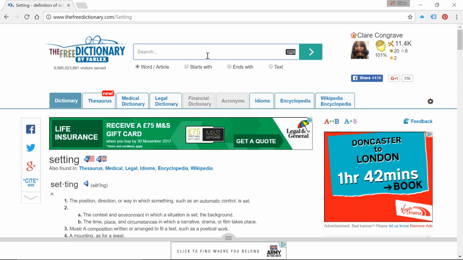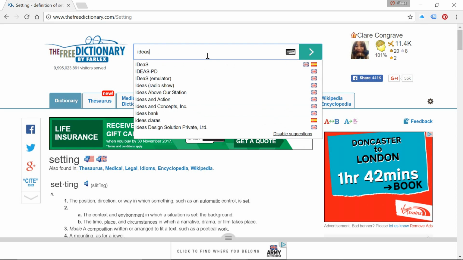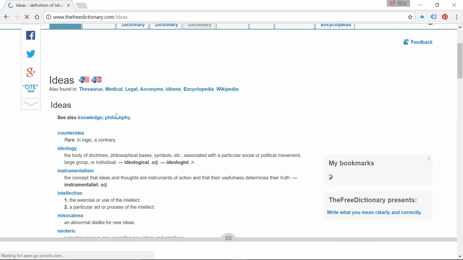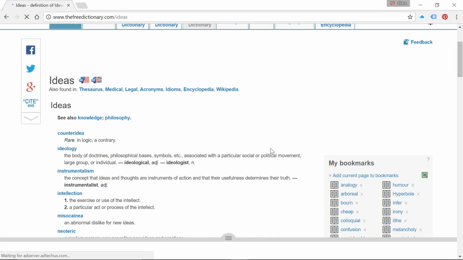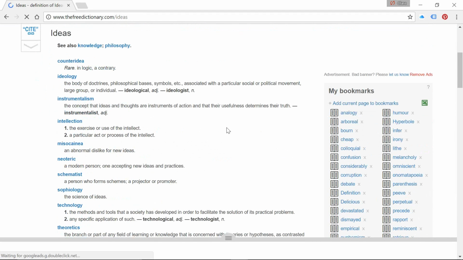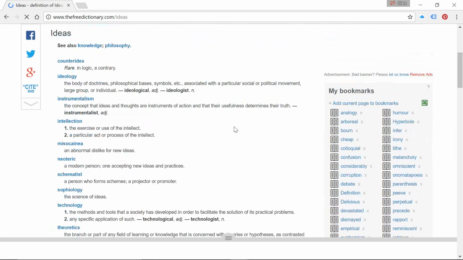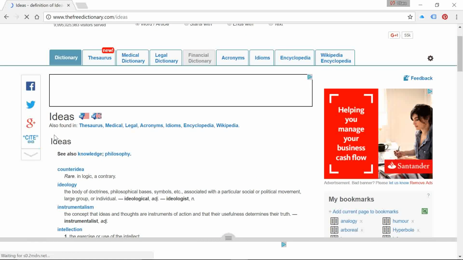So, next part is ideas. So this is a very simple term. So the ideas are the things within a text that the writer wants the reader to consider.